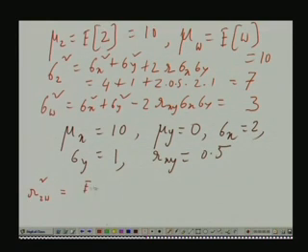I am taking the square on both sides. This was coming to be the square of covariance, right. So, E of (z minus mu_z)(w minus mu_w), you can expand it and you get this thing.